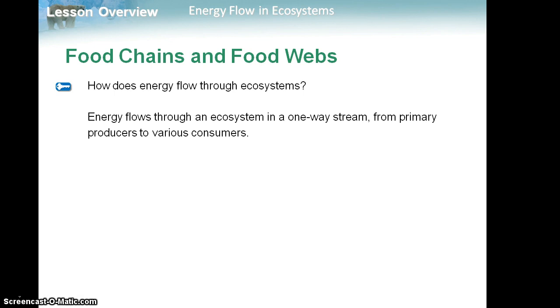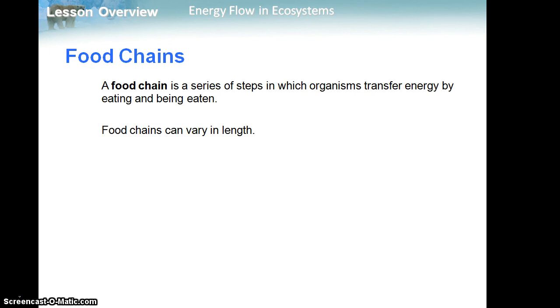And really, first of all, energy is going to flow through an ecosystem in a one-way stream. It's going to go from the producers onto various types of consumers. These food chains are a series of steps in which organisms transfer energy by eating and then being eaten. And these food chains can vary in length.